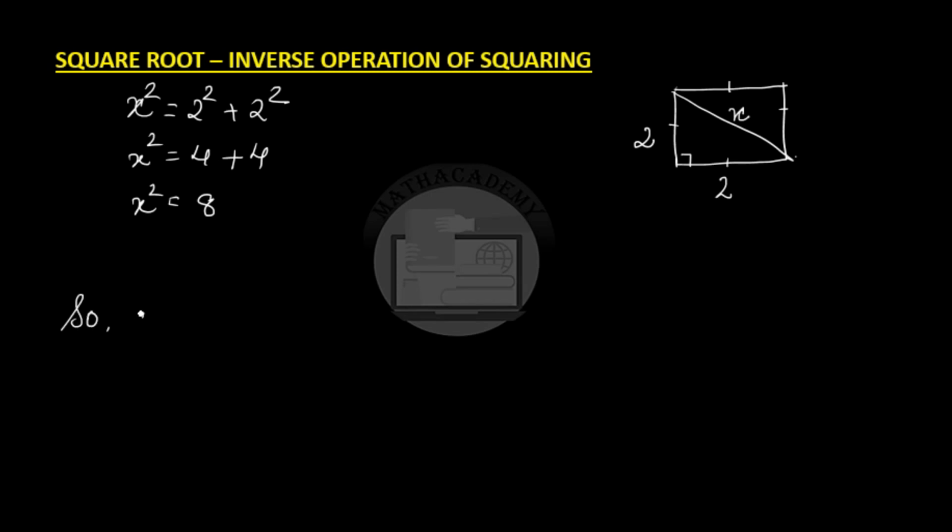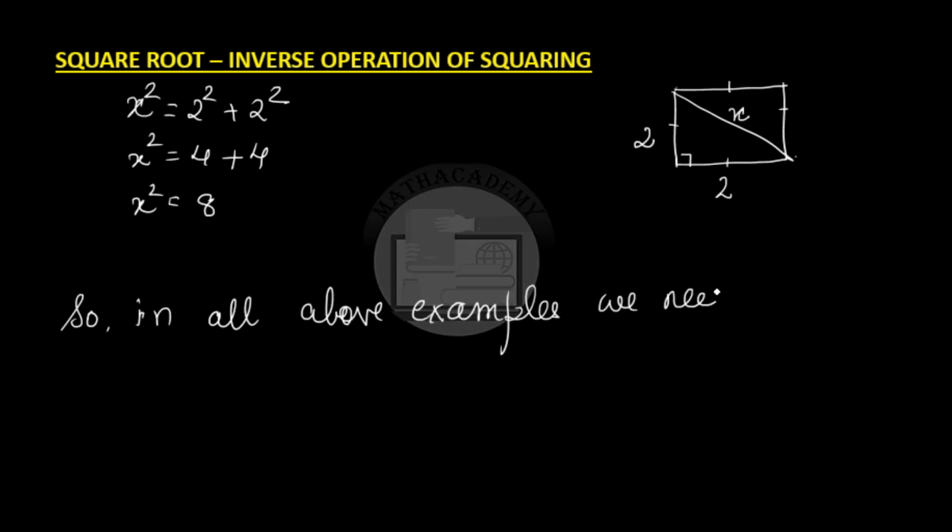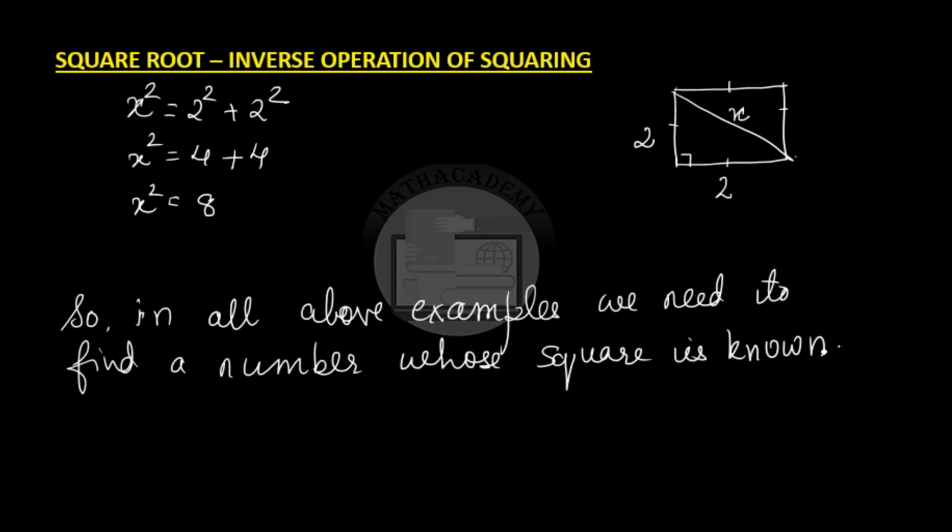So, in all the above examples, we need to find a number whose square is known. We know the square of x is 8 and we need to find out x, and this process of finding out that unknown number is known as finding the square root of the square number.